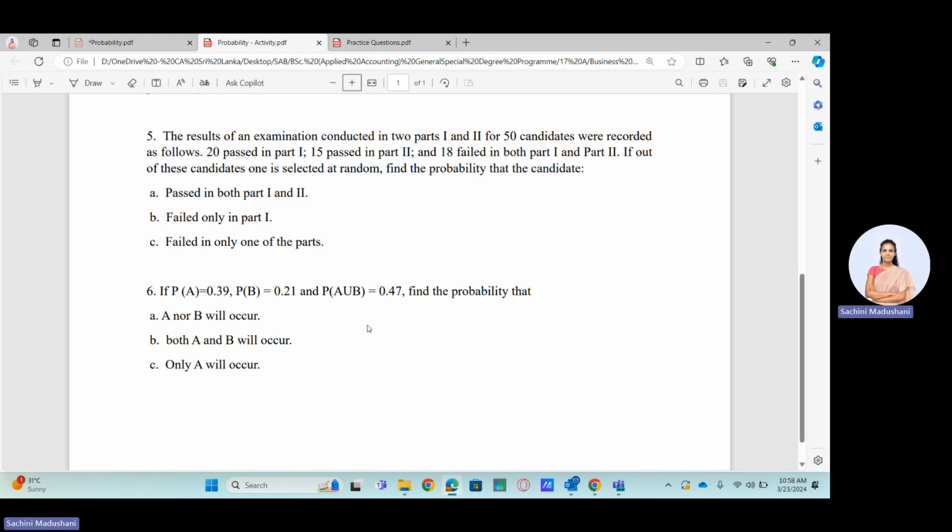Then write the answer for part C. Failing only one of the parts. Not failing both, only one part. Part 1 failed or part 2 failed.